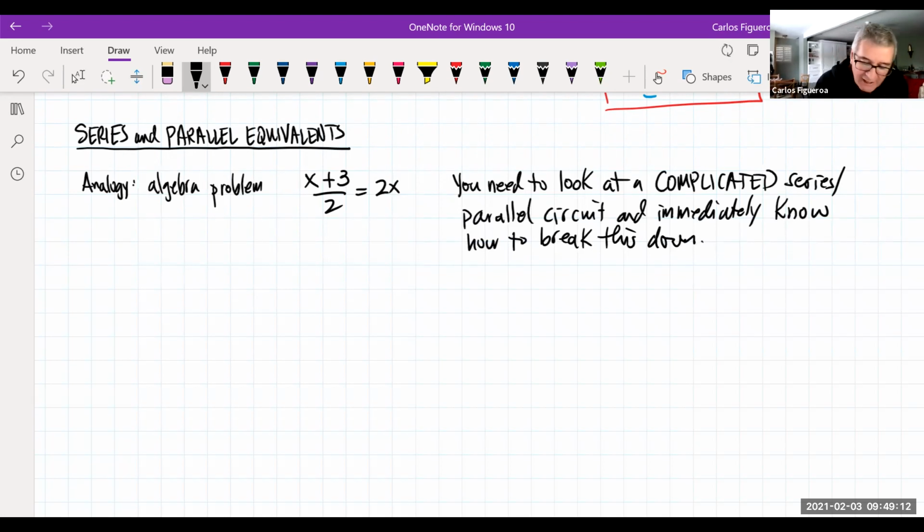You have to look at, just like this equation, you have to look at that circuit and like this. I want it like that fast. Just like you can take that equation and break it down very, very quickly, I need you to be able to do that. And guess what? There's only one way to do it. The only way to do it is you got to practice.